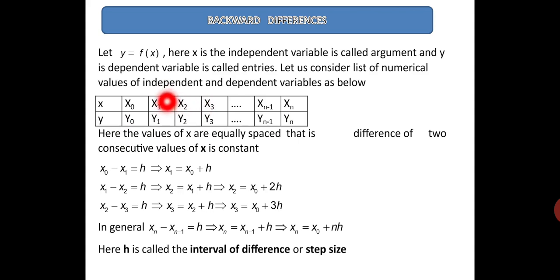If you take x1 minus x0, x2 minus x1, x3 minus x2, their values are h. So h is called the interval of difference here.